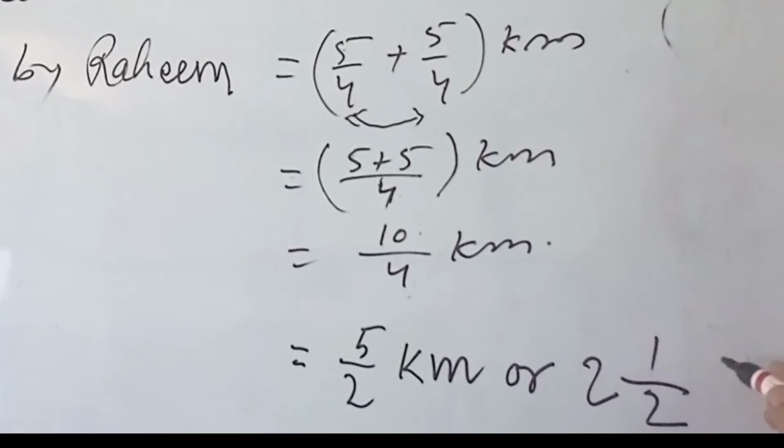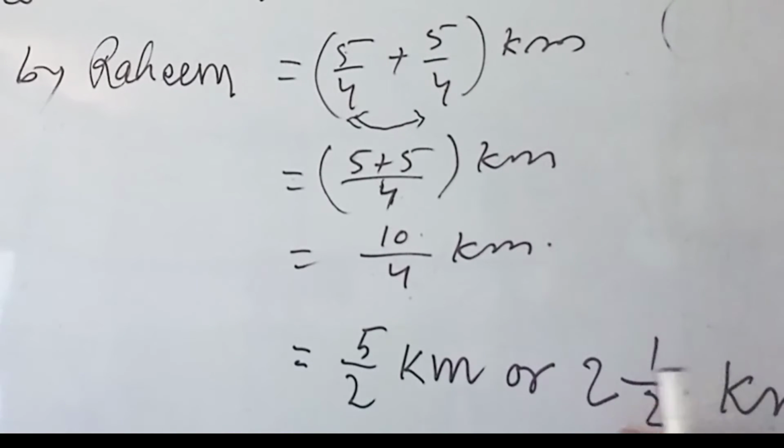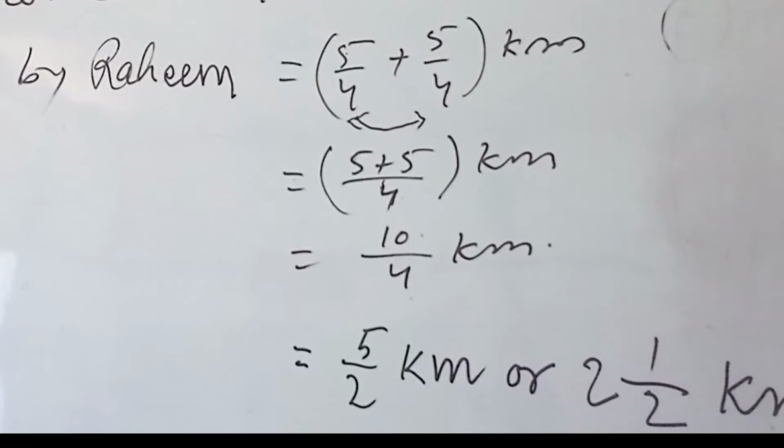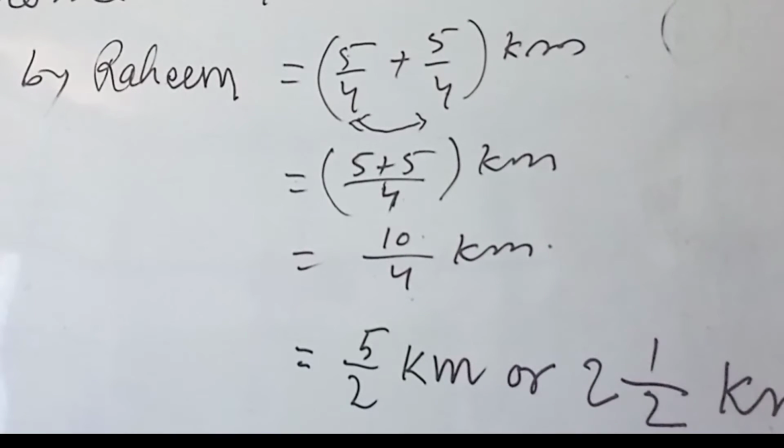So 2 1/2 kilometer, okay. So the distance traveled by Rahim is 2 1/2 kilometer. I think you understood this.